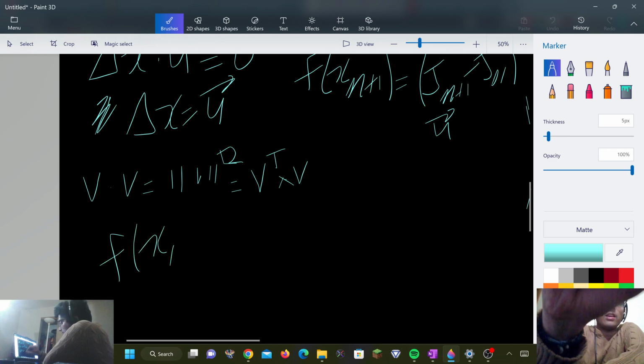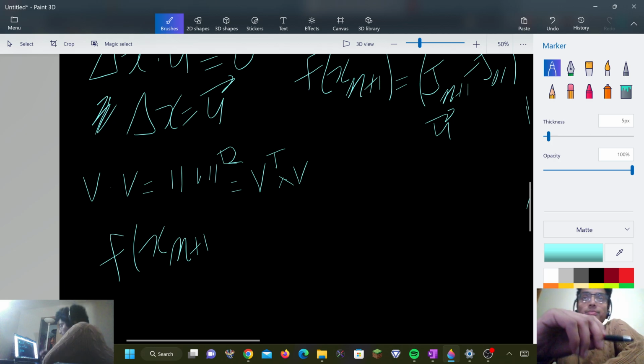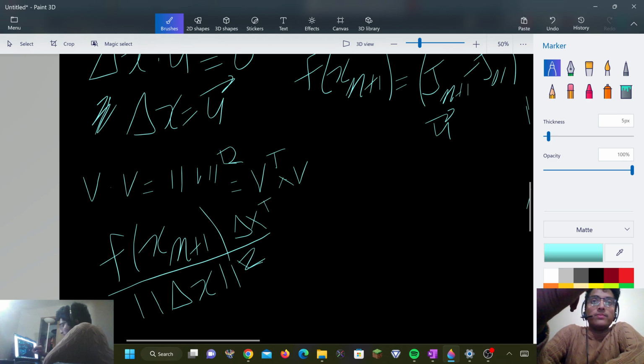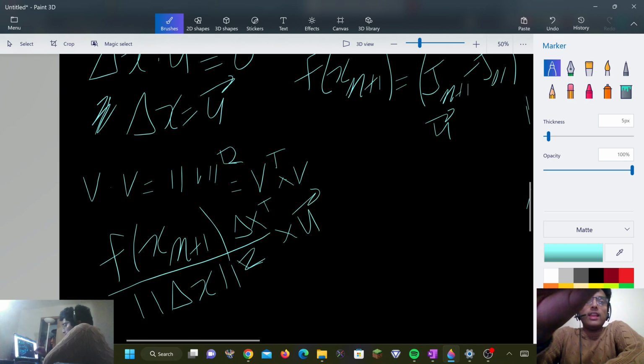So f of x sub n plus 1 divided by delta x squared equals delta x transpose times u, and this just equals f of x sub n plus 1, because we proved that they're all equal, and u equals delta x.